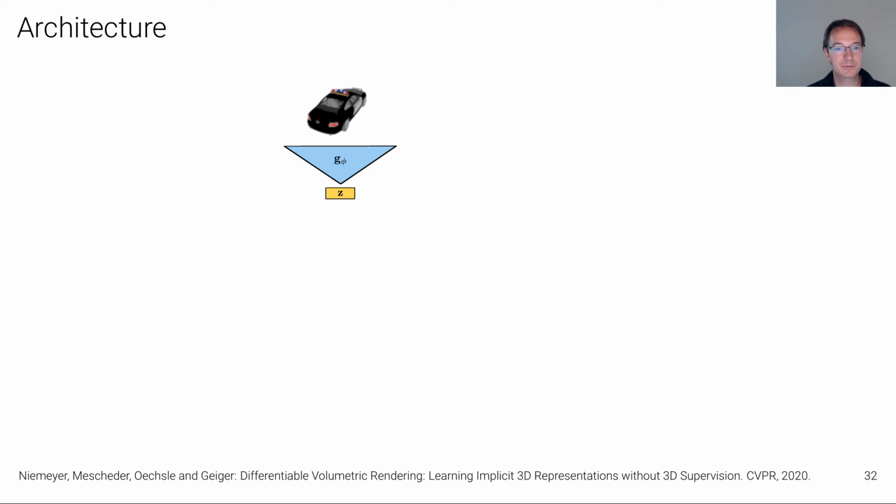The architecture we use here is actually even more elegant than the architecture that we had before, because it combines geometry and appearance prediction. Again, we have an image encoder that takes a 2D image and produces a global latent code for that image. And we have a set of points that we pass through the network simultaneously.